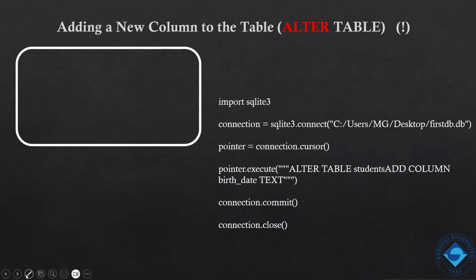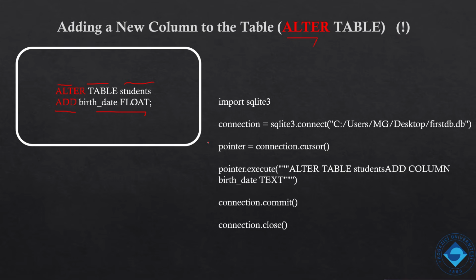It is ALTER. That one. Again, main skeleton here. ALTER, table name, ADD birth date and float. Okay. Here we try to add a new column to our table. It is our example.